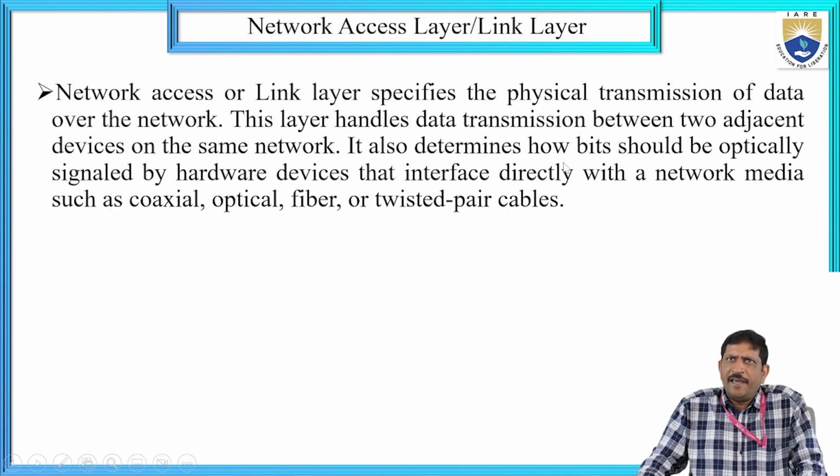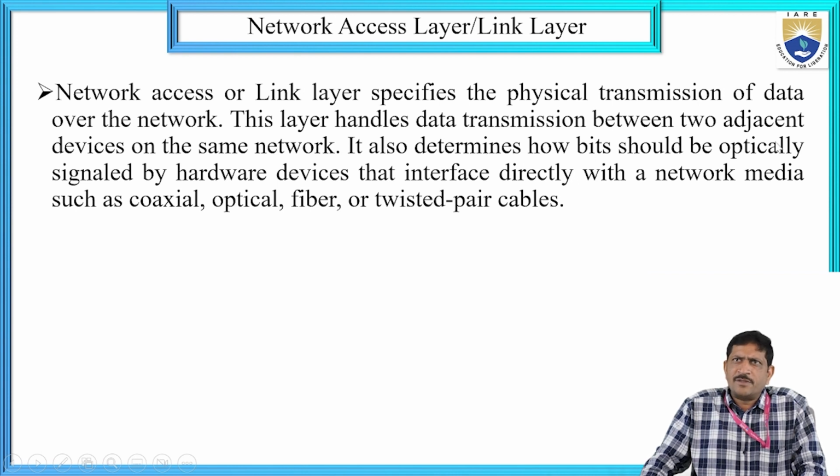Network access layer, or link layer. The network access or link layer specifies the physical transmission of data over the network. This layer handles the data transmission between two adjacent devices on the same network.